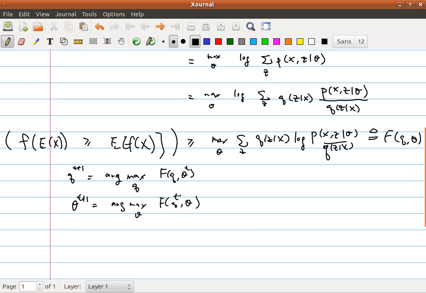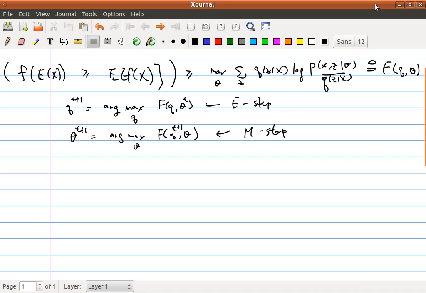Maybe I should write it like this. It turns out that this will be the maximization step, the M step, and this will be the E step. Okay, let's start with the E step first. F(Q, θ) is given by this expression here.